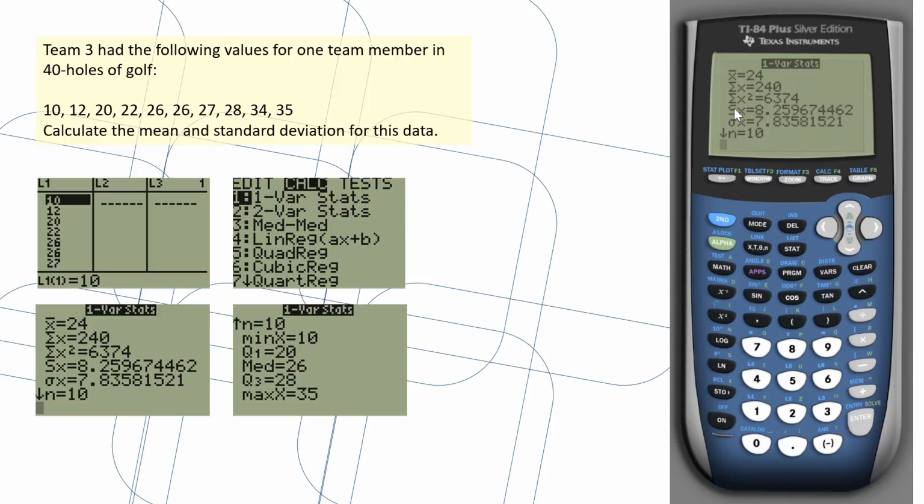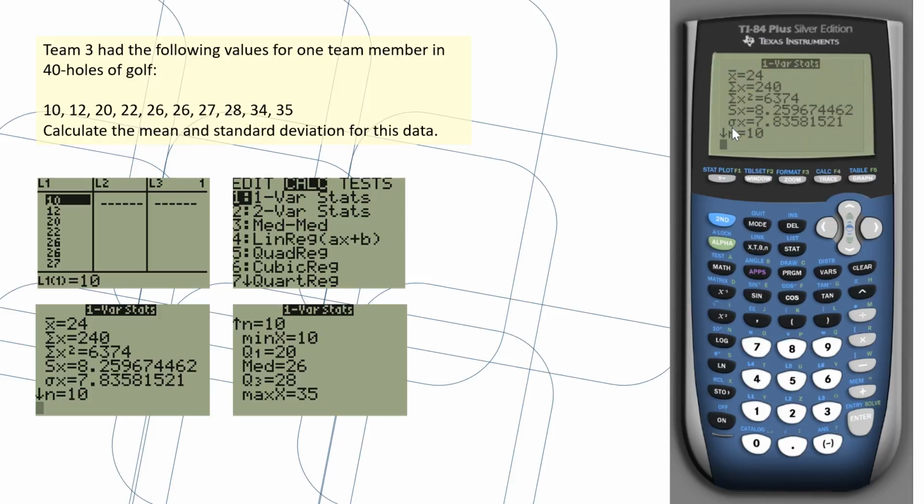And then I've got here my standard deviation. This top one is the value I would use if this was based on a sample. The one below is if it's based on a population. In this case, I just had these 10 scores, so that's the population of all the scores that I had. It's not like I had a whole bunch of scores, like maybe thousands and thousands of scores, and I randomly selected a small sample from that.